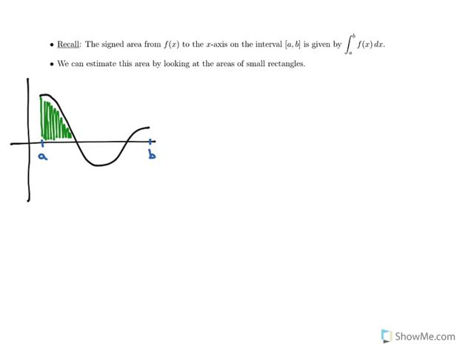If the function is above the x-axis, then that area is positive. And if it is below the x-axis, we go from the function to the x-axis, that area is negative. While this area is positive.